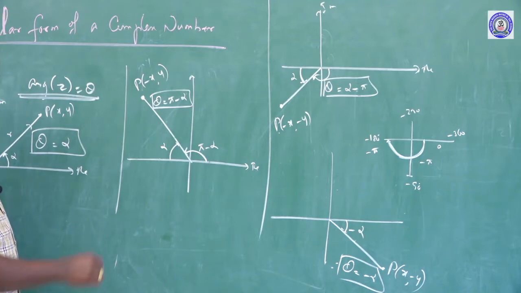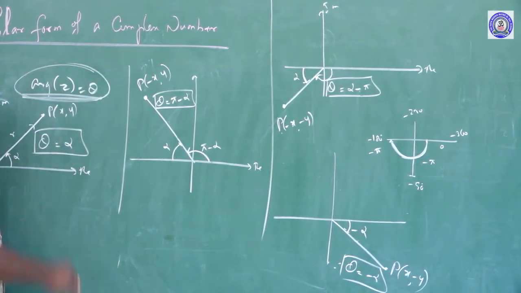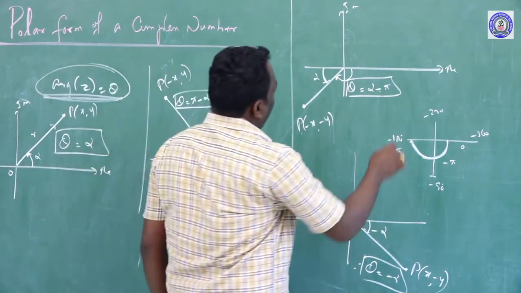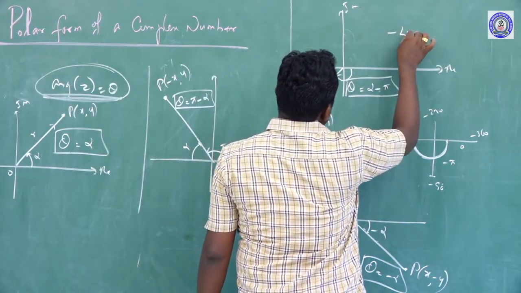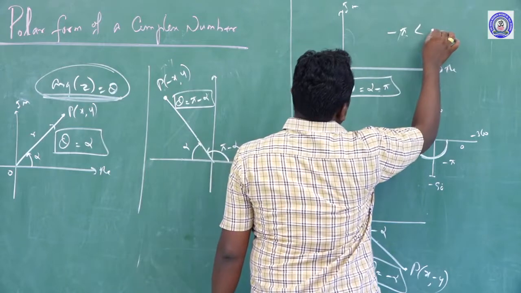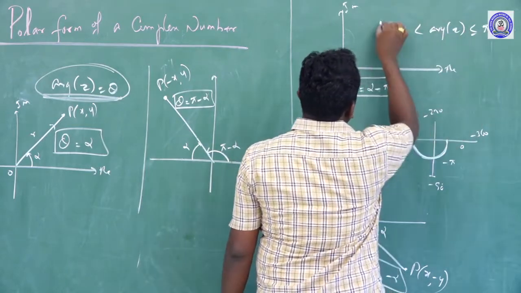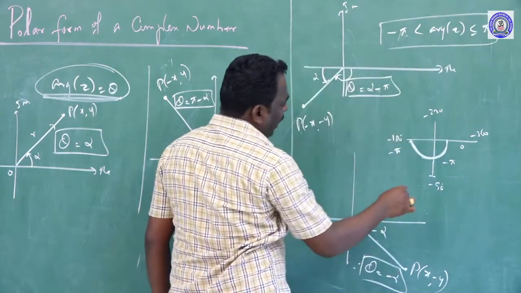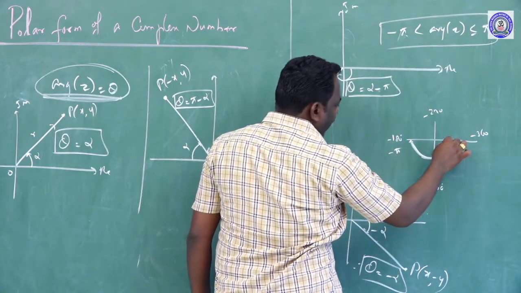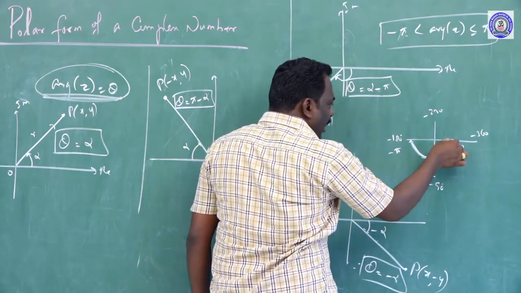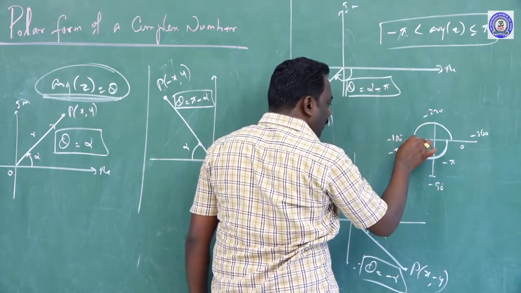We want to find the argument of z. In general, the argument of z satisfies minus pi less than argument of z less than or equal to plus pi. So the negative angle starts from minus pi, not touching it, and the positive angle goes from 0 to plus pi.